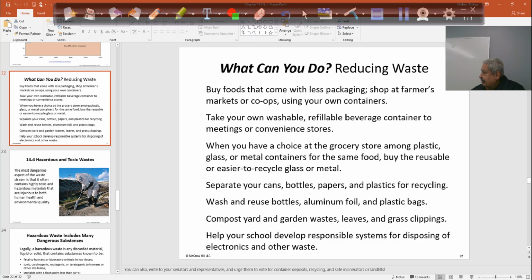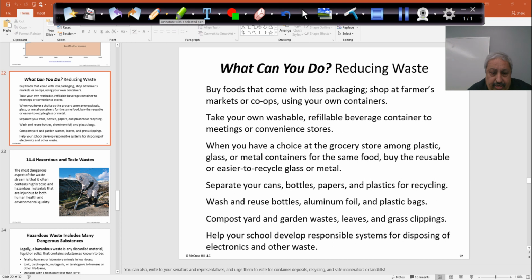If you look at the whole campus here and downtown, I did not see the trash can, but it has trash and cans and plastics. So we can reduce this waste by separating cans, bottles, papers, and plastic for recycling. Wash and reuse bottles, aluminum foil, and plastic bags.